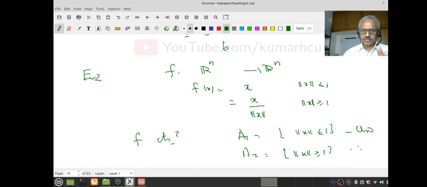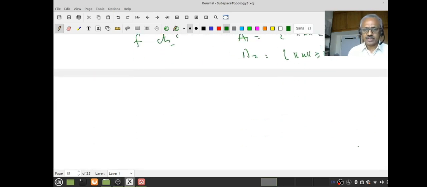And when I restrict f to each one of them, it is continuous, because on A1 it is the identity function, on A2 it is again the identity function multiplied by the function 1 by norm x. x going to norm x is continuous, and on the set A2 it's non-zero, therefore 1 upon that is continuous, and a product of continuous functions is continuous, therefore both are continuous. Now is it continuous on the whole? That's correct, but what is A1 intersection A2?